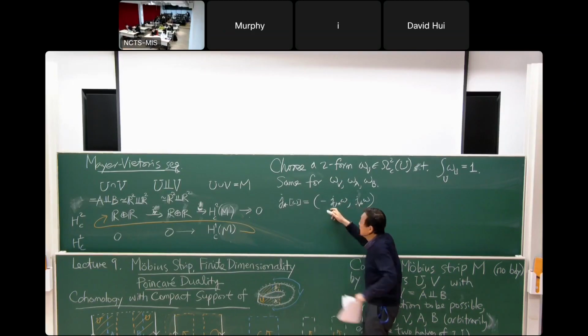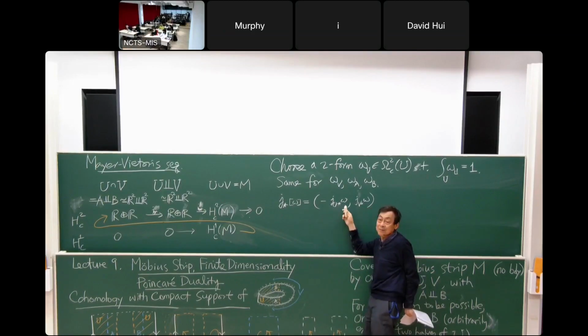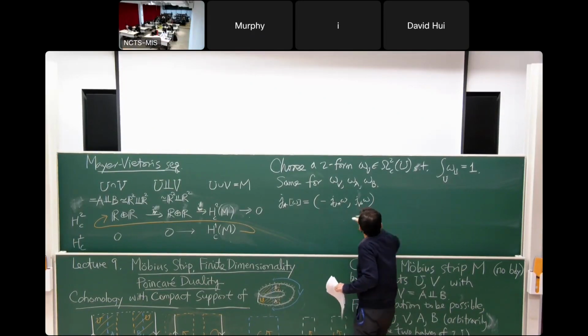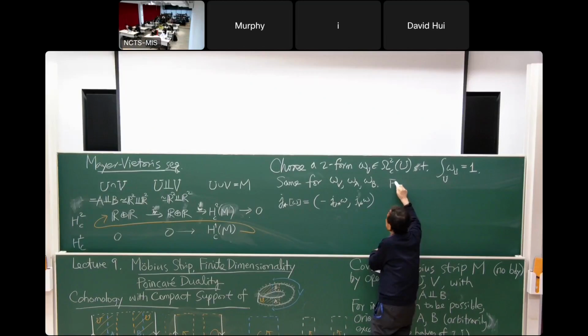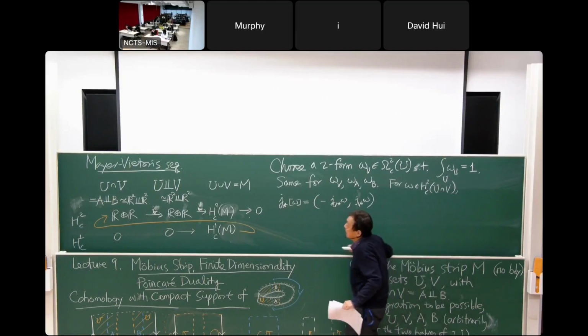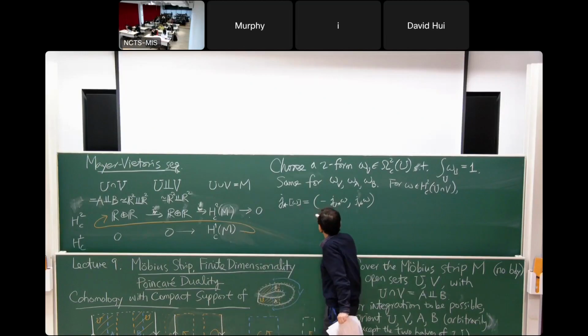So this is the inclusion of the form into U. Omega, let's say, is in H2C of the intersection, and J lower star is the signed inclusion.